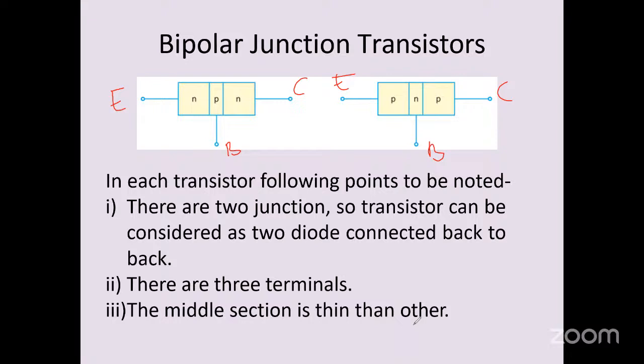So there are two junctions. Where are those two junctions? Here is one junction, the first one, and this is the other junction. This is one junction diode, the first junction diode, and this is another junction diode.